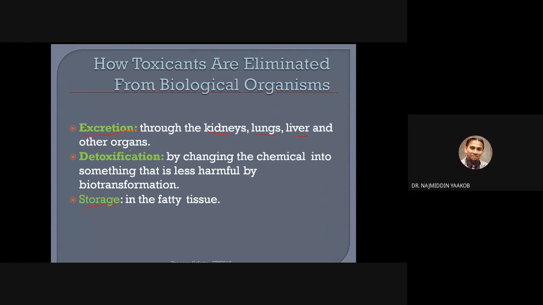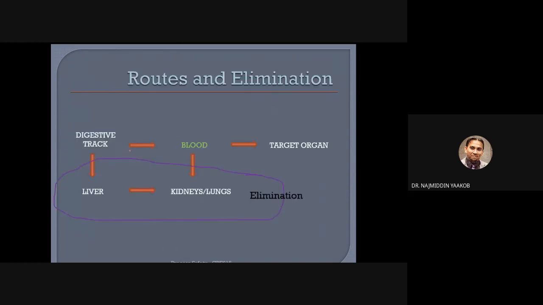So these are the three main ways a toxicant is eliminated from your body. For example, when you digest it, it goes to the liver, to the kidney, and lastly you eliminate it. And it also goes to the blood and then to the target organ. These are the flow or routes of the toxicant.